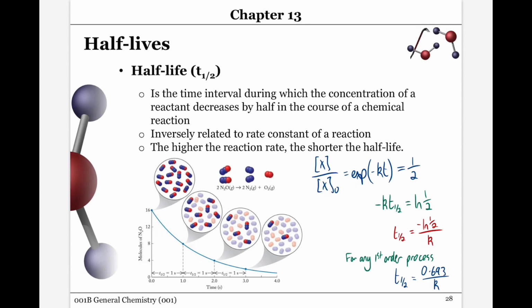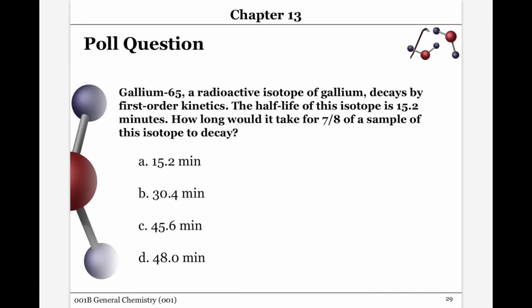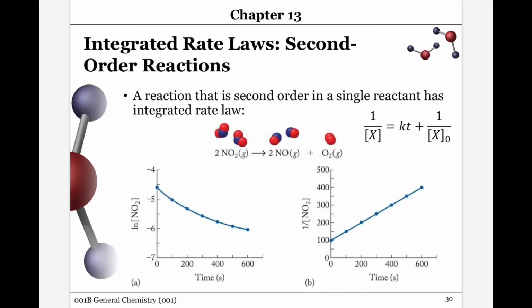When we want to expand the complexity a little bit more and look at second-order reactions, what we find is that our integrated rate law looks somewhat different. We're going to start with the simpler case where we have a second order reaction, but just one single reactant. So we're looking at this example of NO2 decomposing to form NO and oxygen.